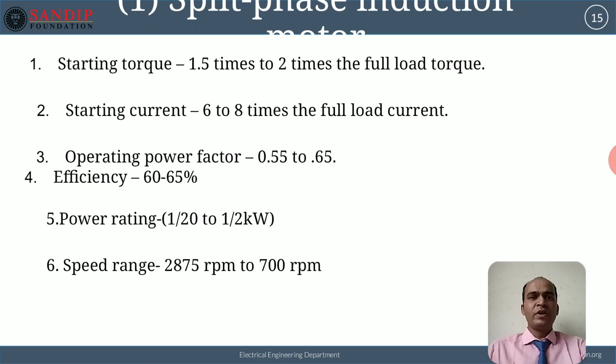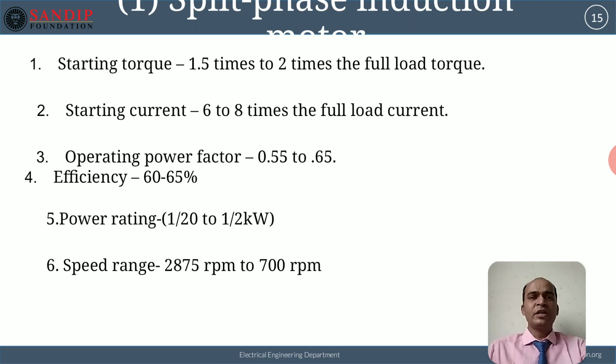The power rating is 1/20 to 1 kilowatt. The speed range is 2875 rpm to 700 rpm. These are the characteristics of split phase induction motors: starting current, starting torque, efficiency, power factor, and speed range.